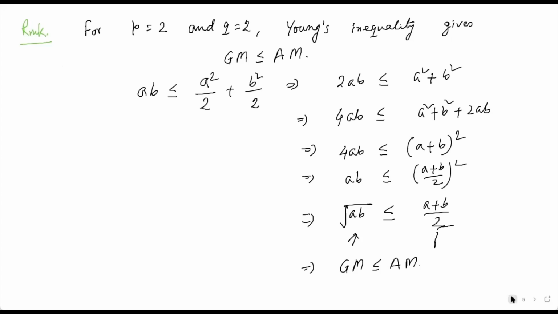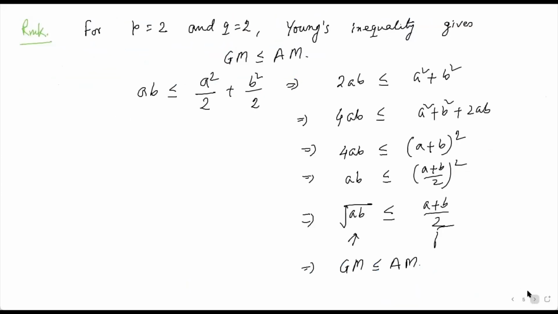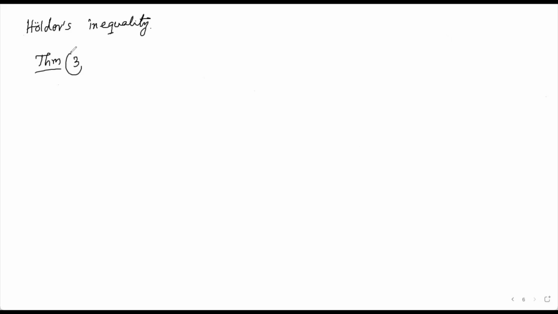Now we are ready to prove Holder's inequality. Let us state it as a theorem. Let us label the theorems: this is theorem 2, and here we have theorem 3.